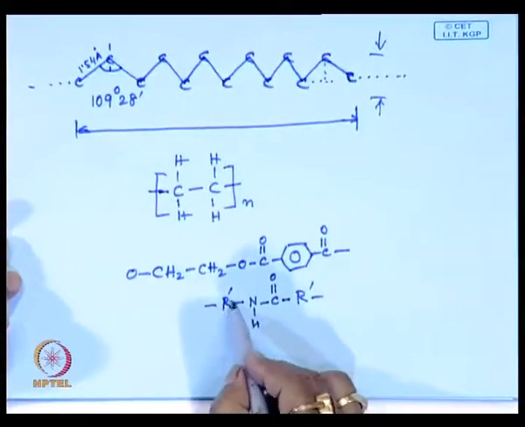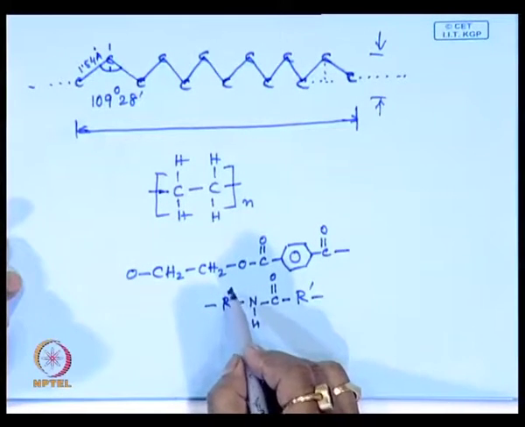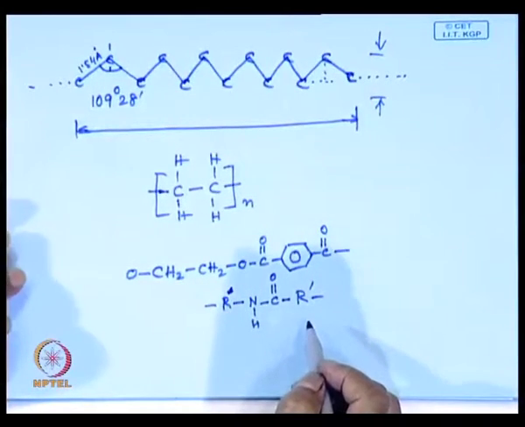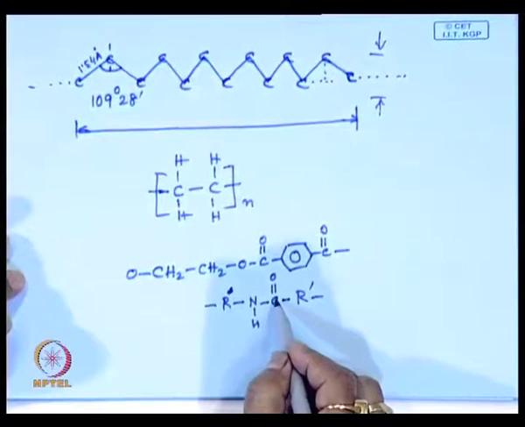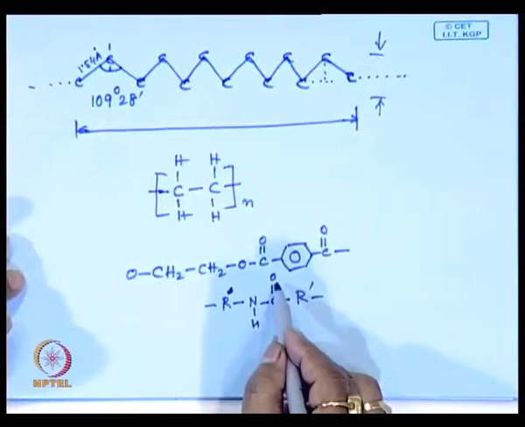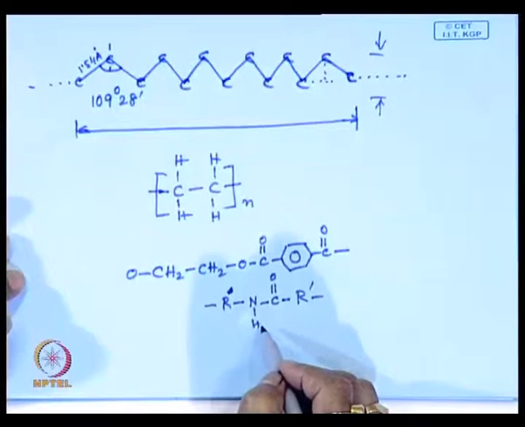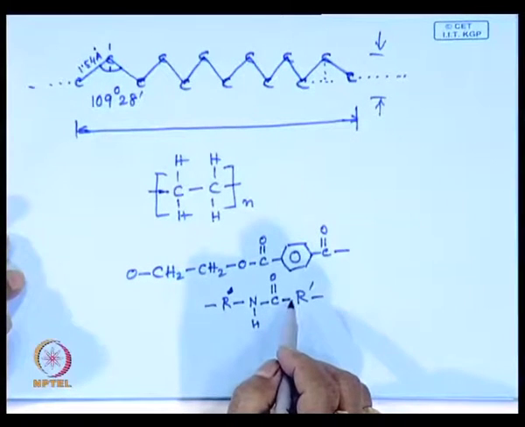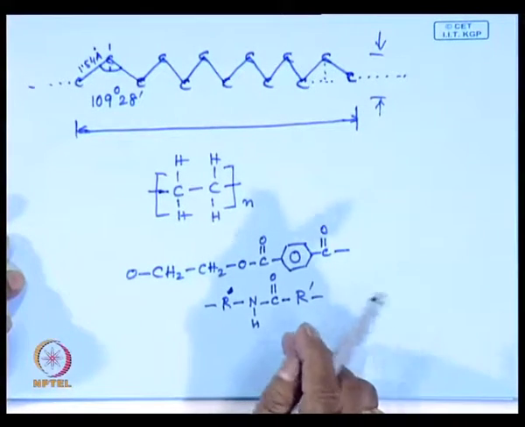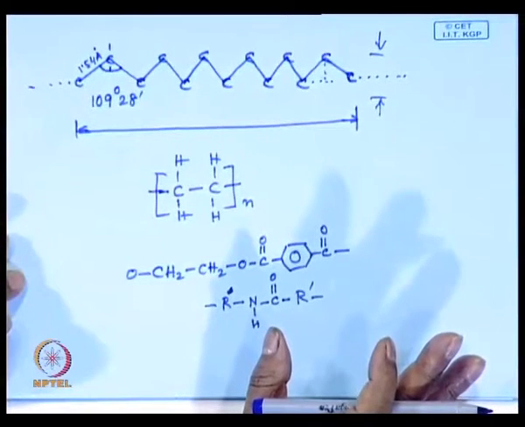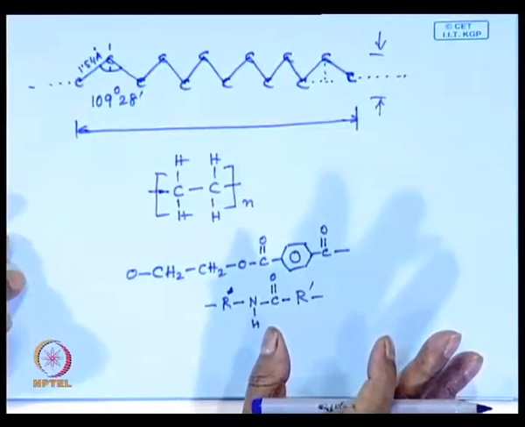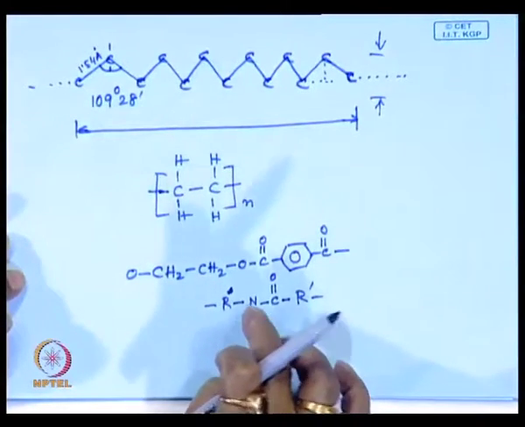So, these R and R prime contain carbon, hydrogen; this contains nitrogen linked to carbon, and one oxygen is attached to this carbon by double bond and one hydrogen is there. So, we can know what atoms are present. We know from the periodic table where they are placed, we can know the difference in electronegativity of the atoms and that has influence on the properties of the molecule. So, molecular formula we know.